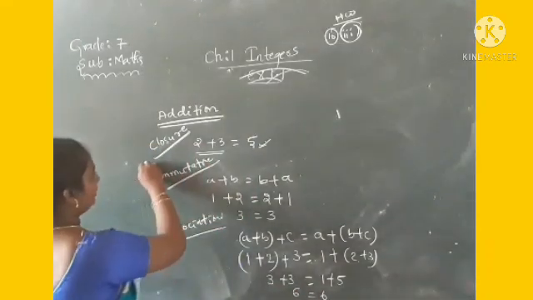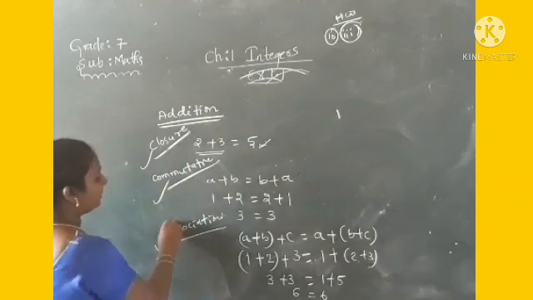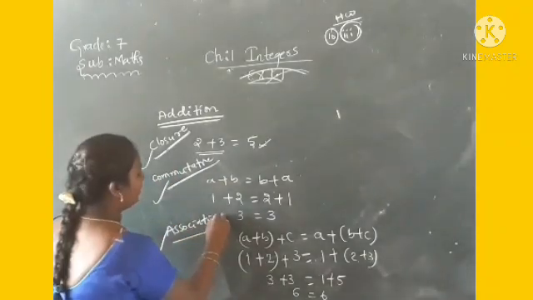Under addition: closure property, commutative property and associative property.